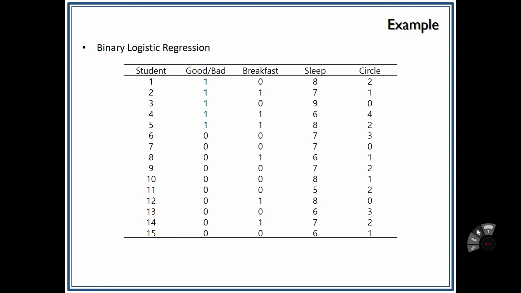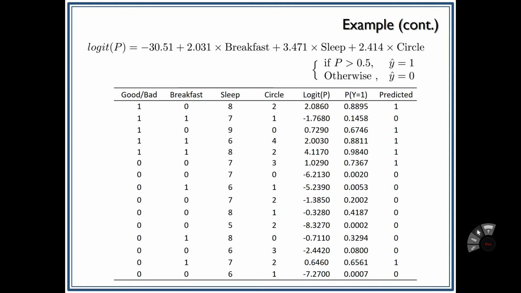For example, in a binary logistic regression example, here we have a class variable and 3 independent variables. Let us say that we train a logistic regression on this data set, and we find the regression coefficients beta 0, beta 1, beta 2, and beta 3.